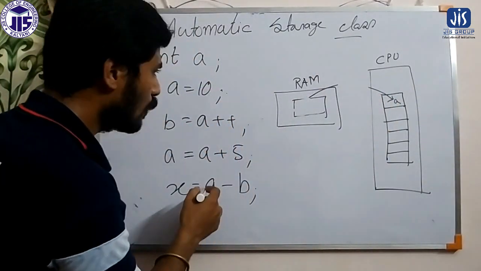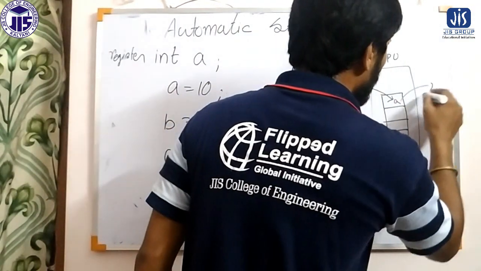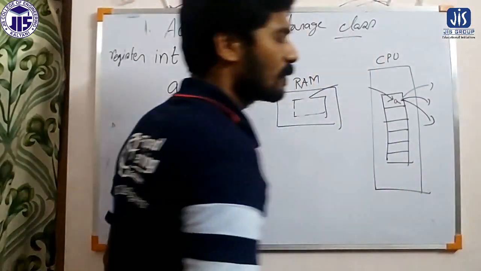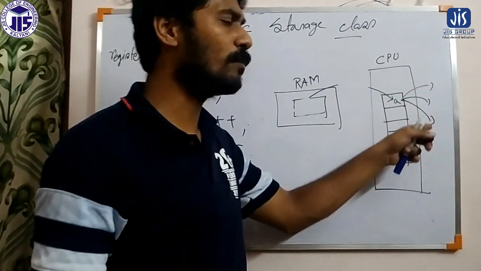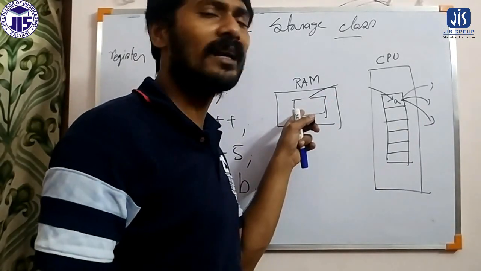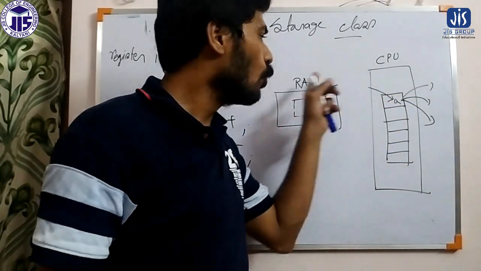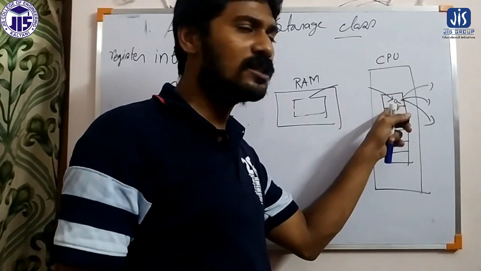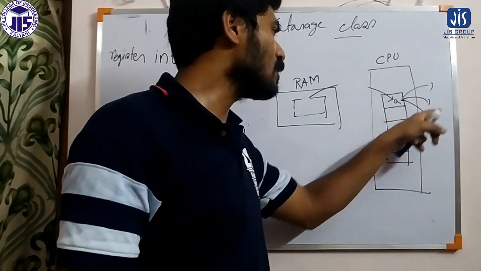Now if I perform all of these operations, the value of A will be fetched from the internal register. So we need not read the RAM for this particular variable. We need not transfer the value from the RAM to the register to perform the operation. That means it will save time.